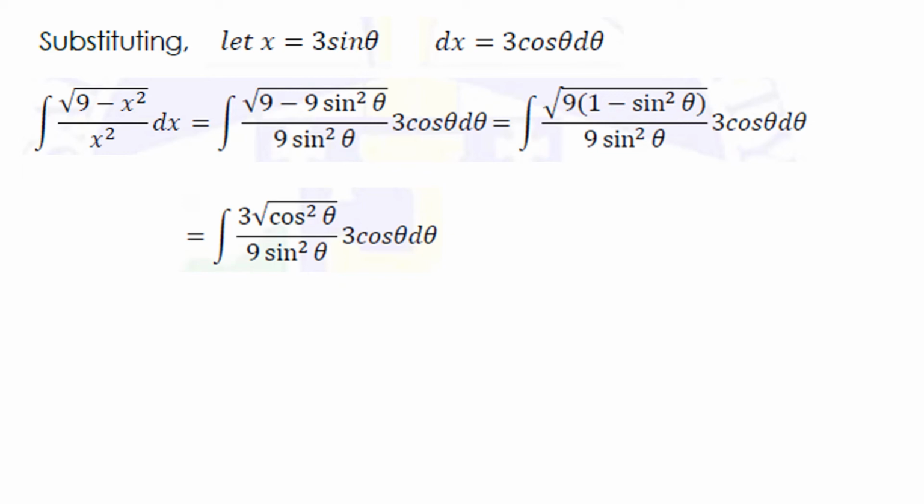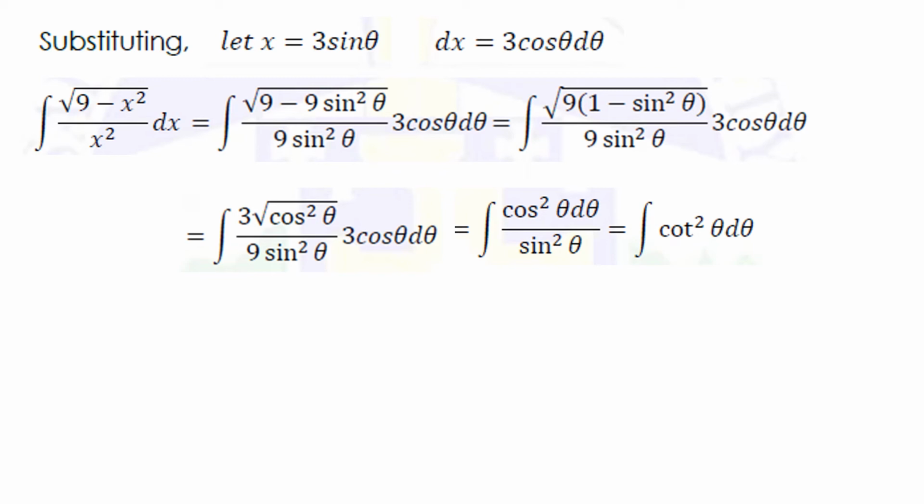So we get the integral of 3 cosine squared theta over 9 sine squared theta times 3 cosine theta d theta. Further simplifying gives us the integral of cotangent squared theta d theta.